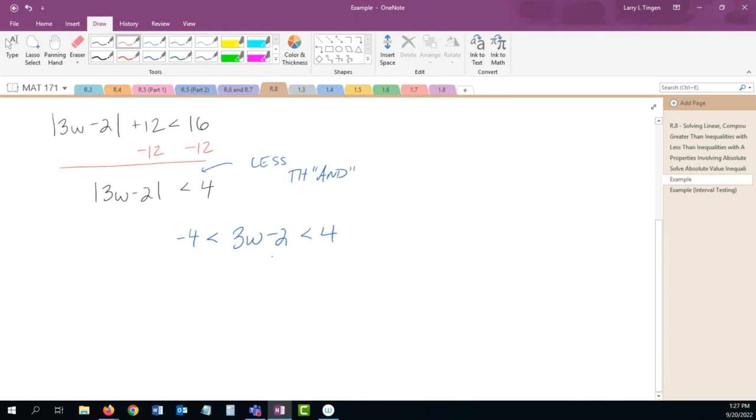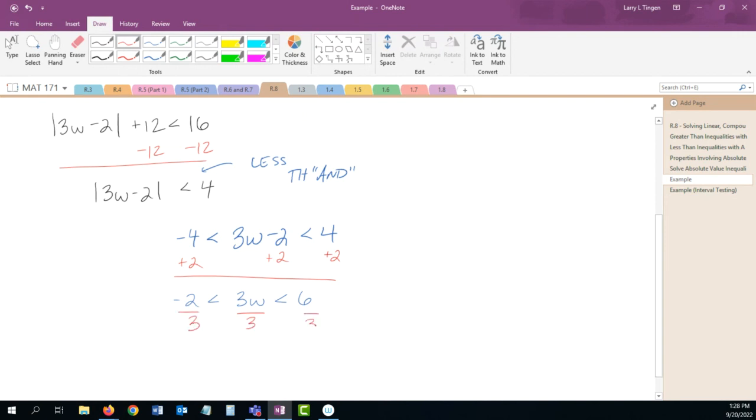The absolute value is gone, but W is not by itself. So again, we have the need to get W by itself, and the process is the same as before, with 3W minus 2. Everything with the W needs to be by itself. Everything without a W needs to go away. If I add 2 to the middle, I've got to add 2 to the left and the right. And then the last step, get W by itself.